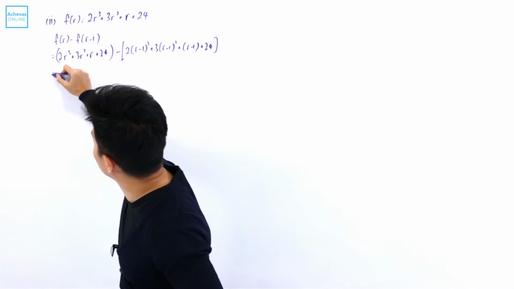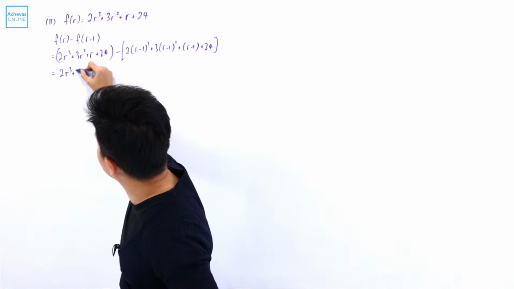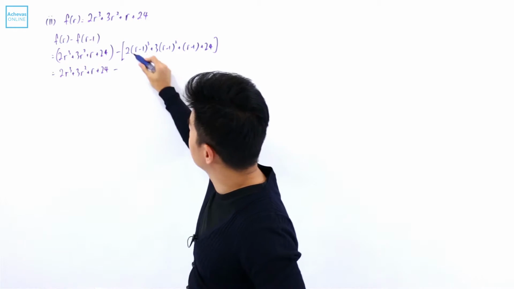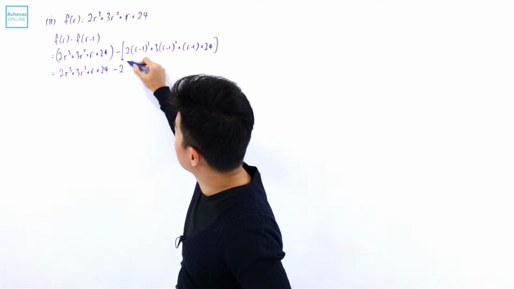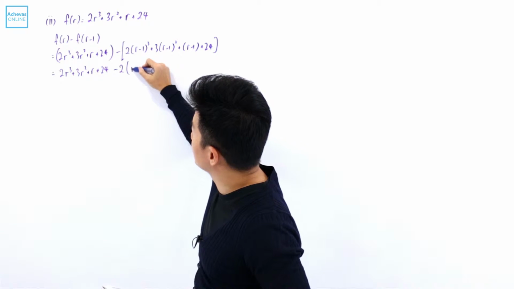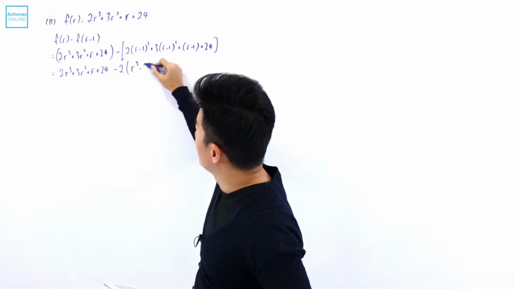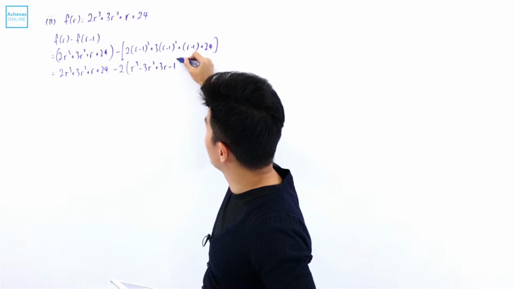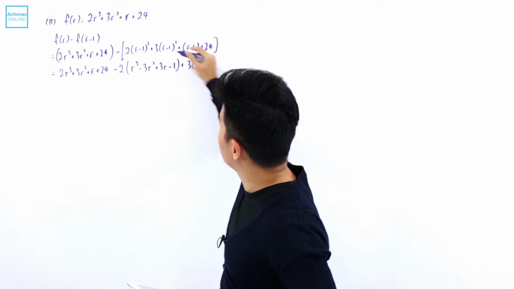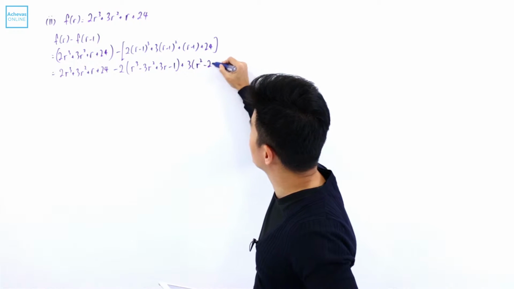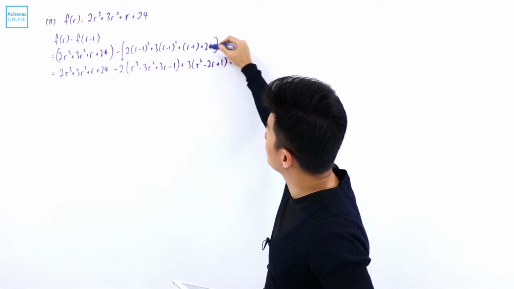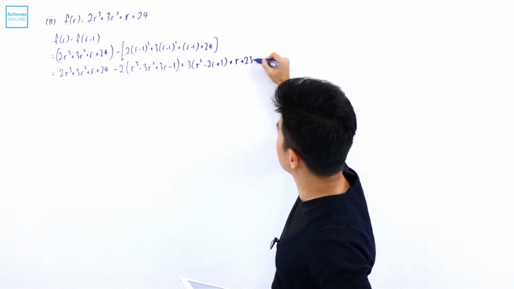So this is going to be equal to 2r cubed plus 3r squared plus r plus 24 minus [2 times, expanding it using binomial expansion, r to the power of 3 minus 3r squared plus 3r minus 1, plus 3 times (r squared minus 2r plus 1), plus r minus 1, plus 24], which is plus 23.